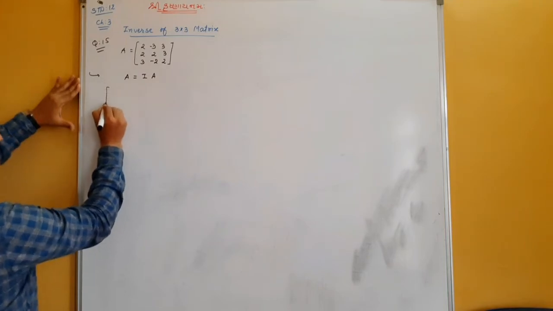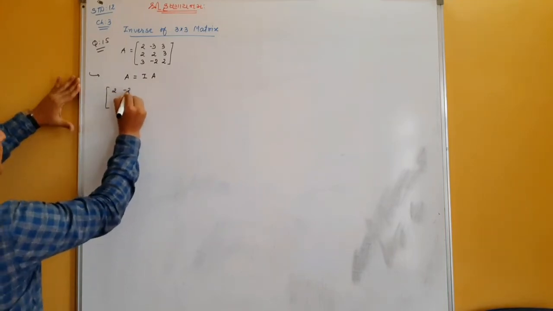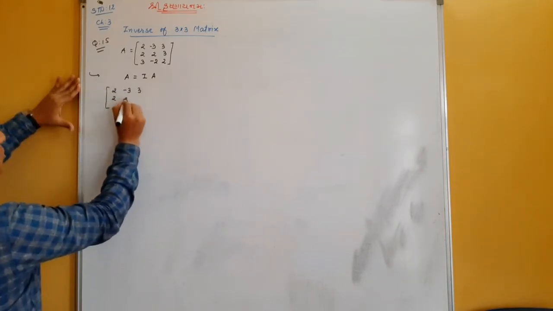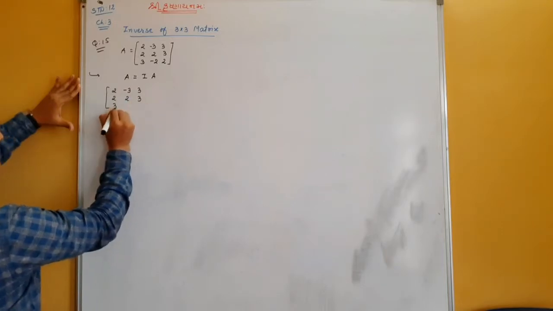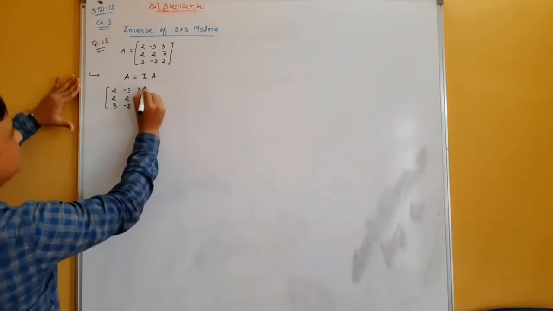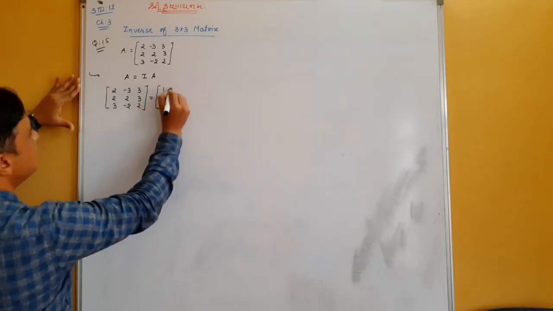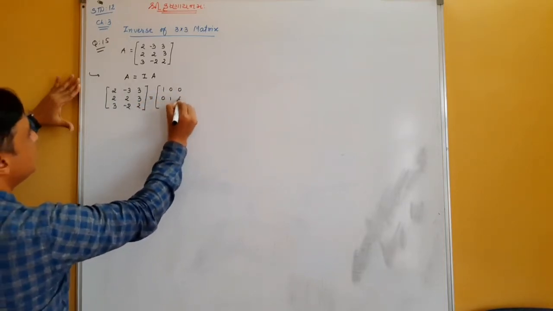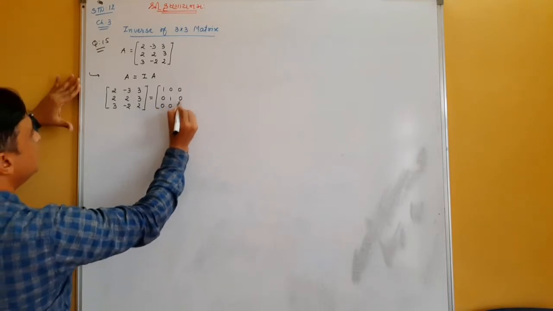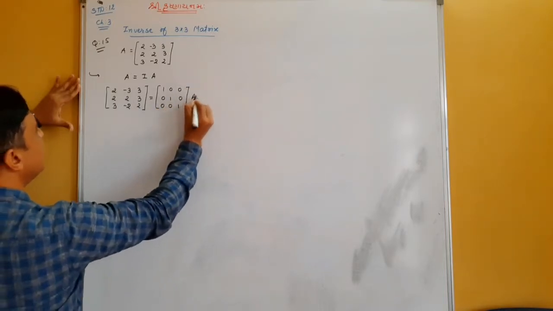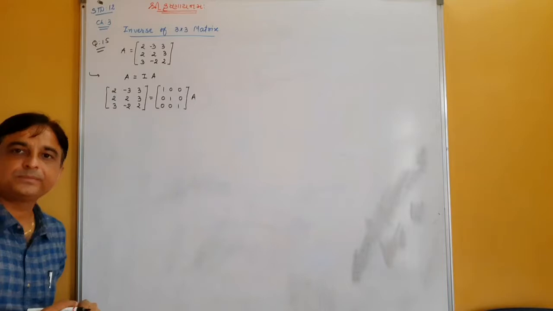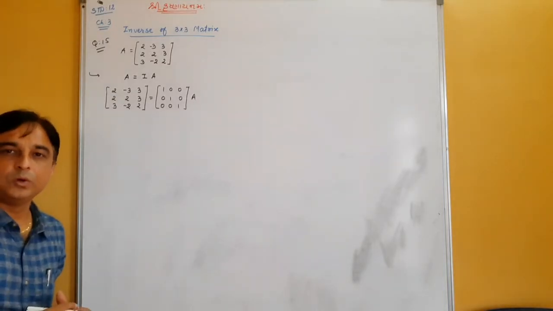So A, the matrix 2 minus 3 3, 2 2 3, 3 minus 2 2, equals I, which is 1 0 0, 0 1 0, 0 0 1, into A. Now what we have to do?